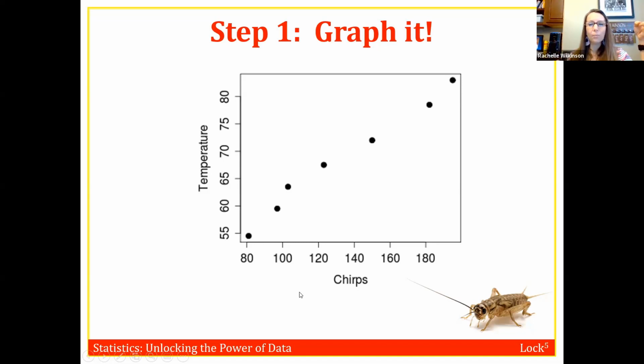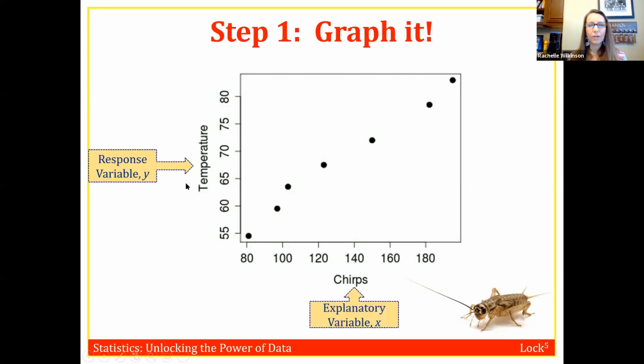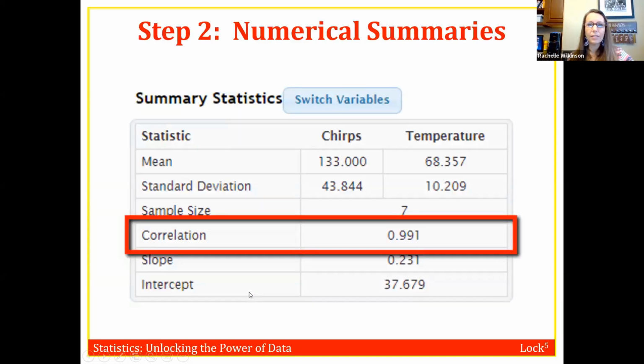All right, so first step would be to graph the data here. And once we see that it looks like there's a linear relationship, then it would be appropriate to calculate the correlation. So inside of StatKey, over on the side, you have your scatter plot on one side, with the explanatory and the response variables, and then on the right-hand side of the screen, it gives you all this summary data, including the correlation.